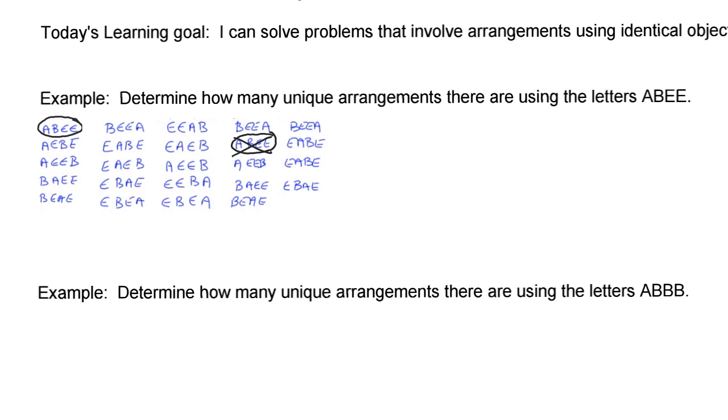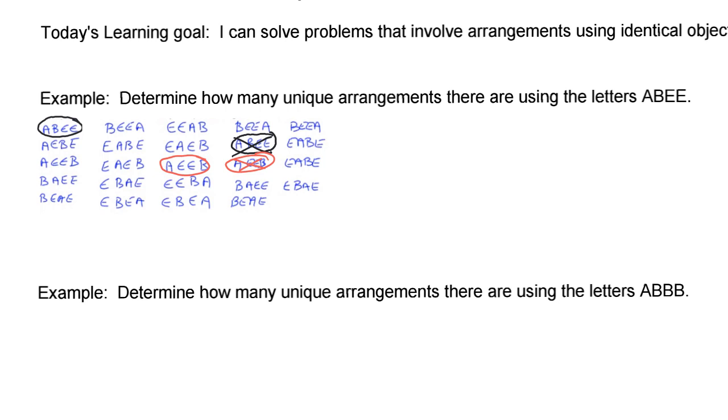Now, that's what we would have normally done. We would have found all the duplicates and removed the duplicate one that we found. So for example, this one here, AEEB, I would cross out one of them that is duplicated, and I would do that for all of them, and that is just absolutely tedious.